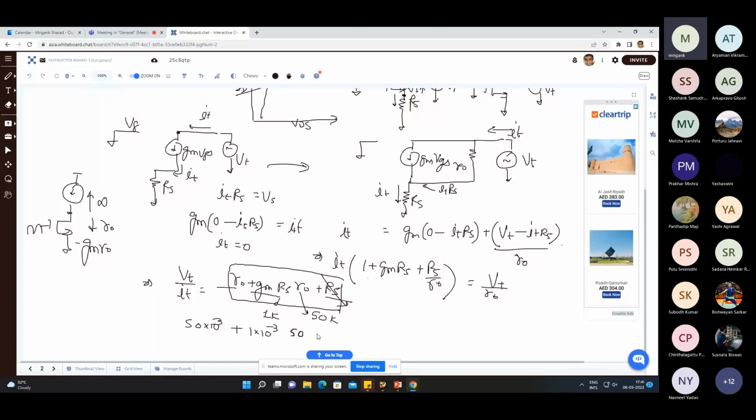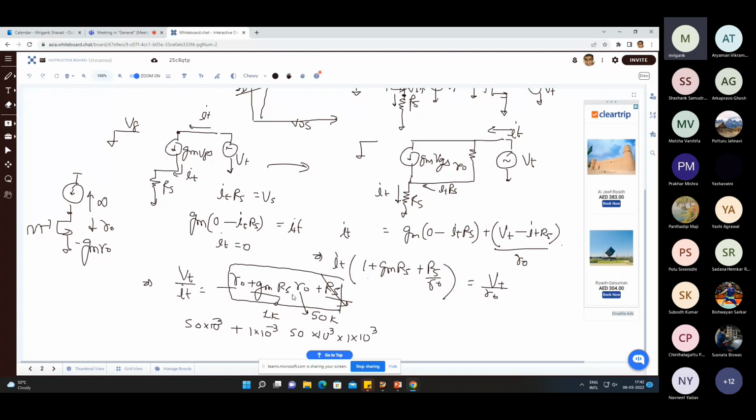So in this case, you may not be able to ignore 50K into 1K. Whereas if your RS is also significant, suppose RS becomes a few kilo ohms, 10 kilo ohm also, in that case, you can ignore. So depending upon the value, if RS becomes smaller and smaller, then you will not be able to ignore.